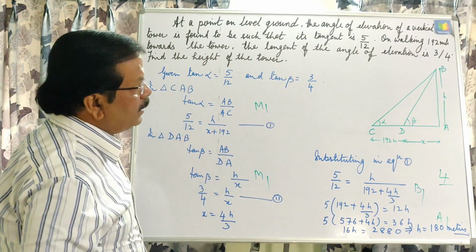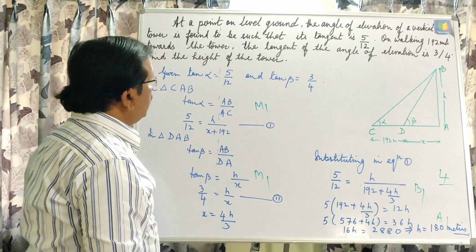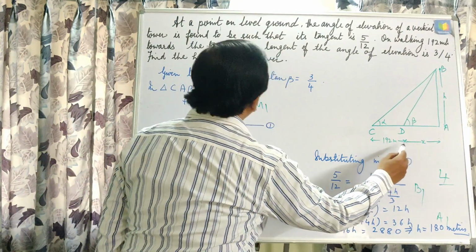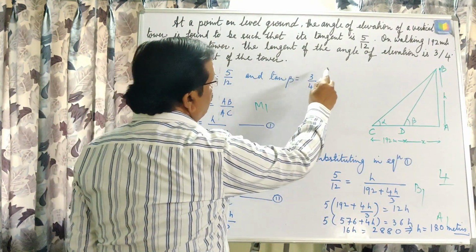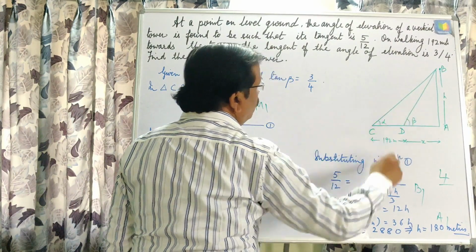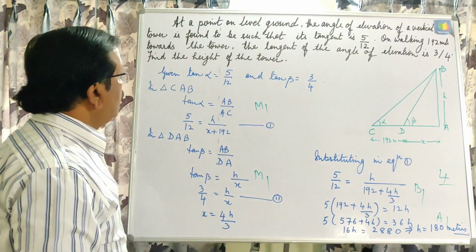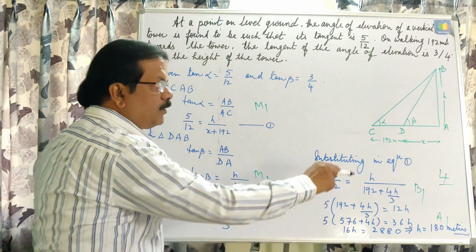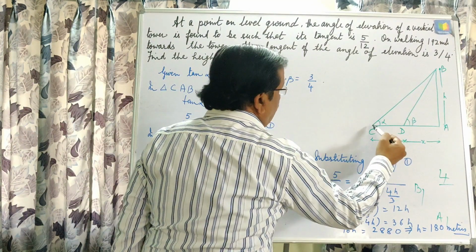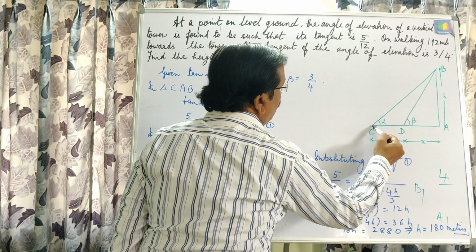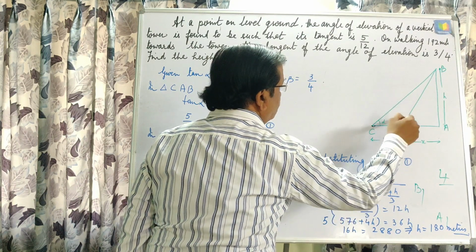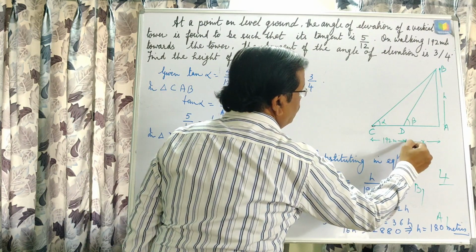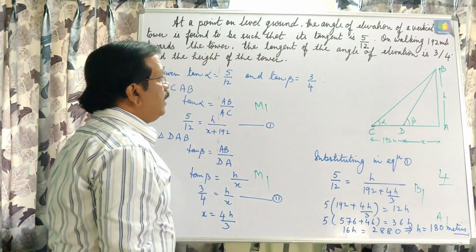In the same way, another: on walking 192 meter towards the tower, the tangent of the angle of elevation is found to be 3 upon 4, and find the height of the tower. Let the height of the tower be h, and the person started from here making the angle tan alpha here, and then after 192 meter making the angle tan beta.